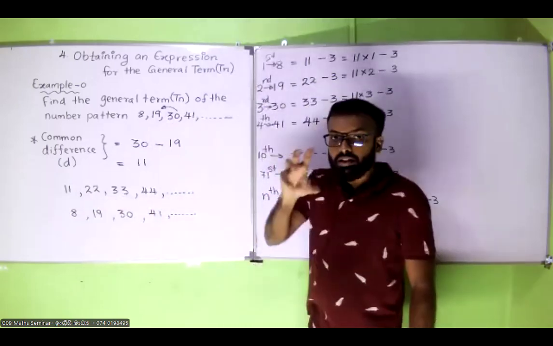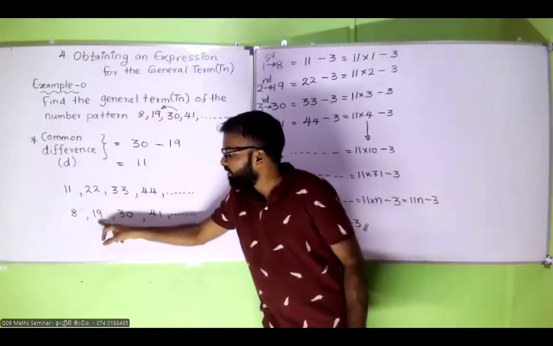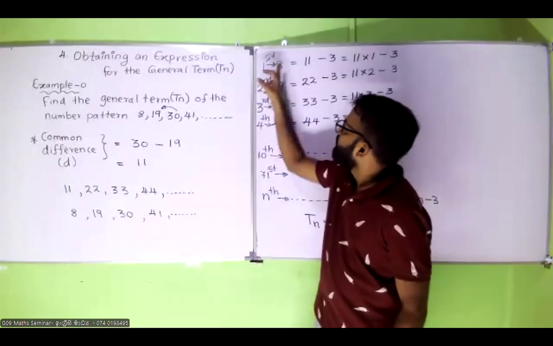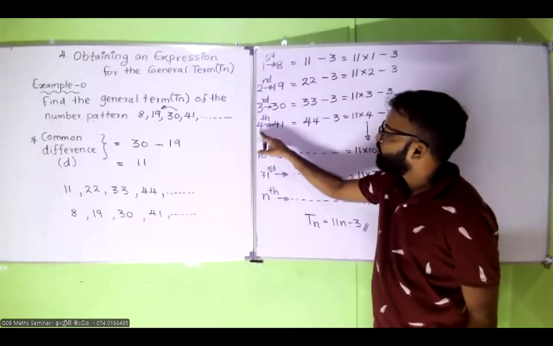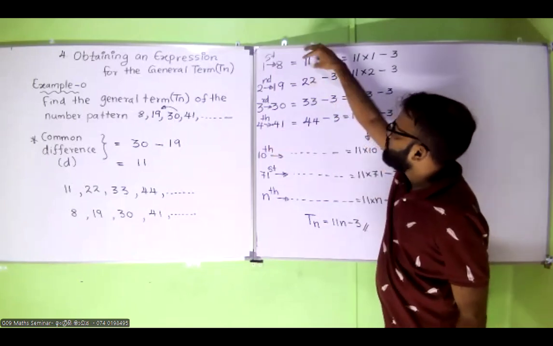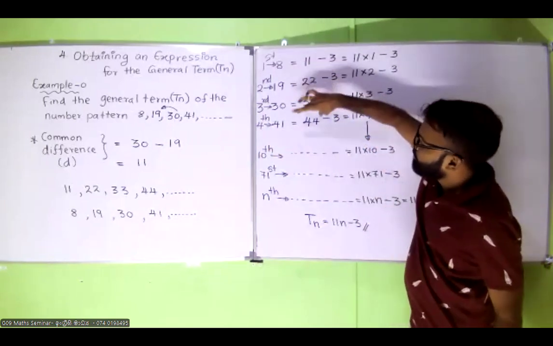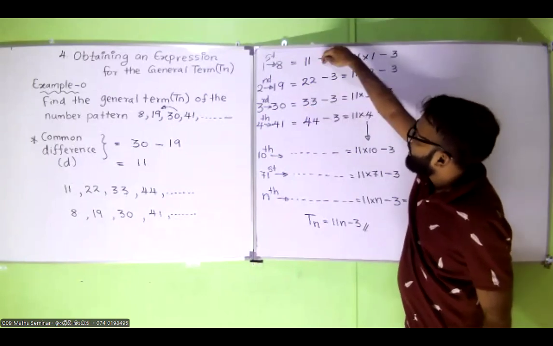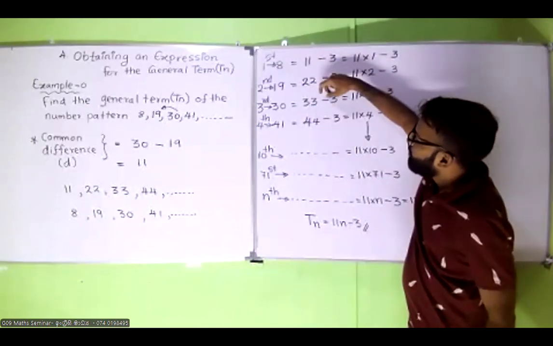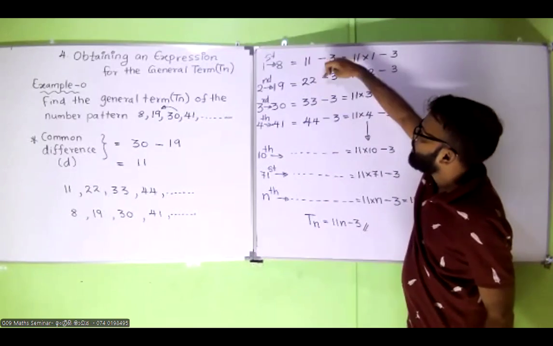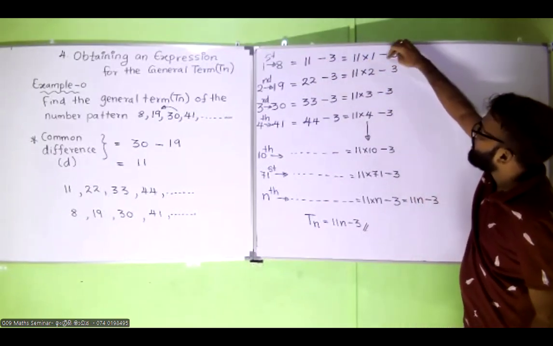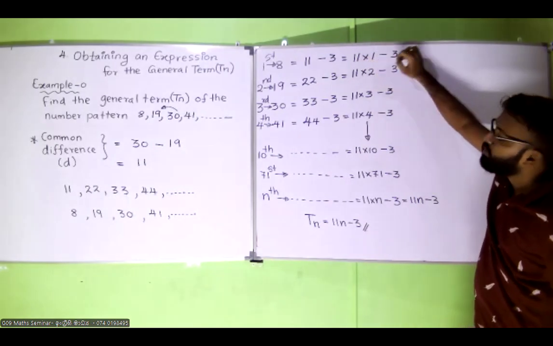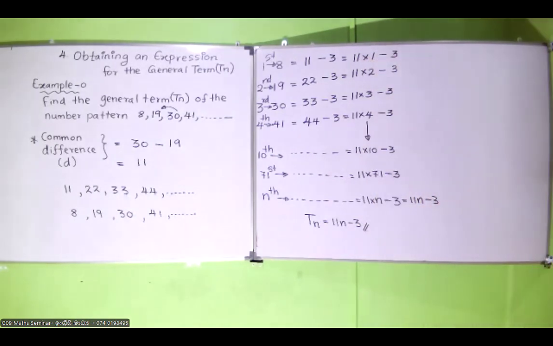Then try to obtain each and every term: first term 8, second term 19, third term 30, fourth term 41, by using your multiples of 11. You have to add or subtract. Here you have to subtract 3. Then you can obtain 11 times 1 minus 3, 11 times 2 minus 3, and so on.